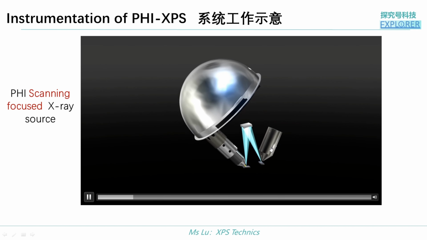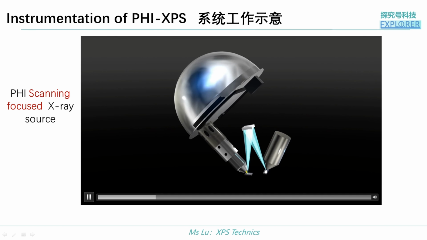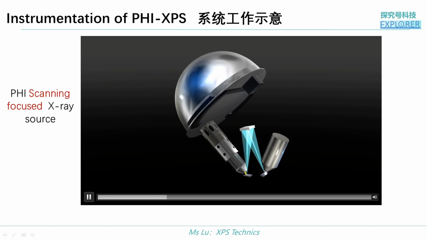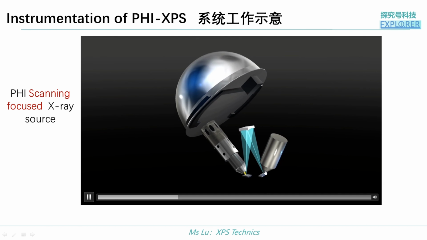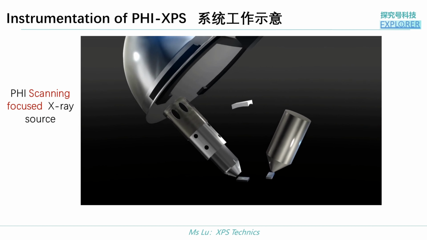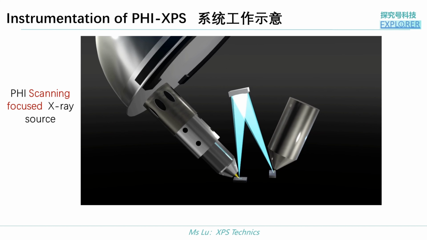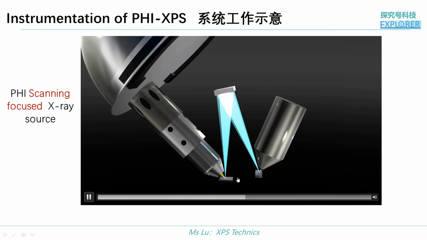First, a focused scanning electron beam is incident on the surface of the alumina target. X-rays are excited and go into the monochromator and then are incident on the sample surface.